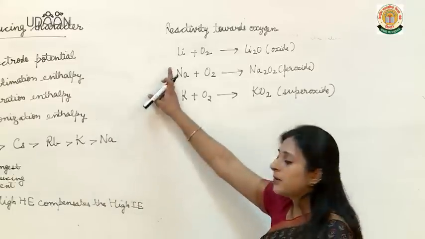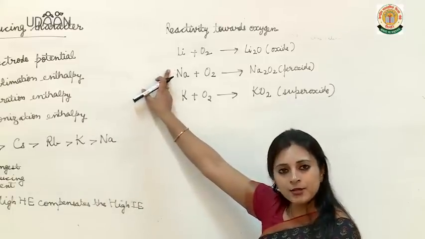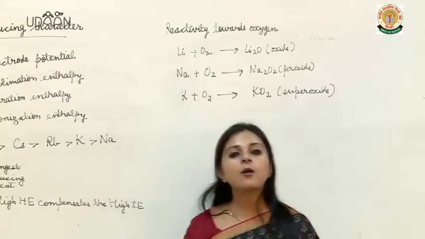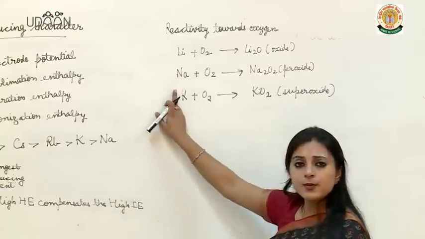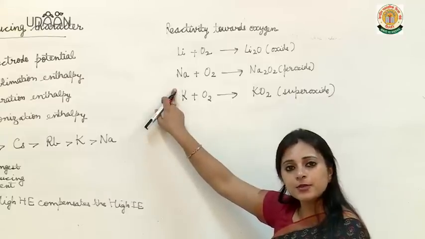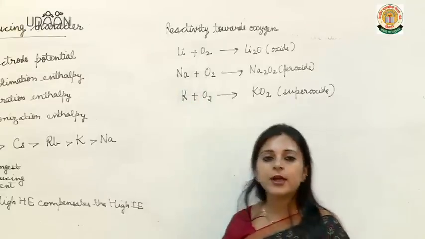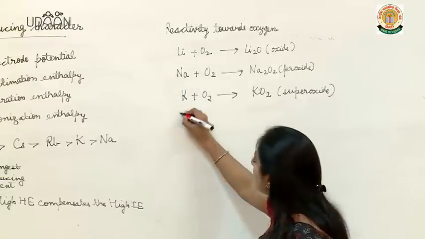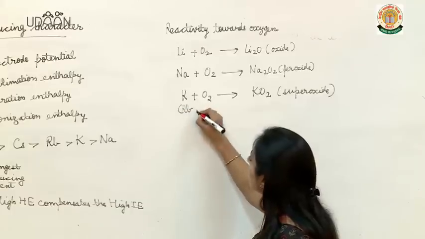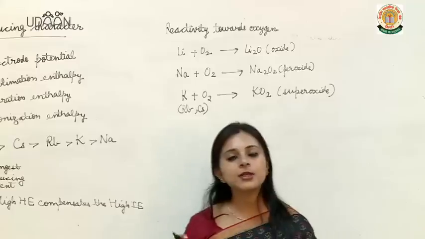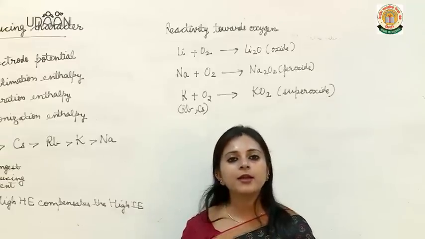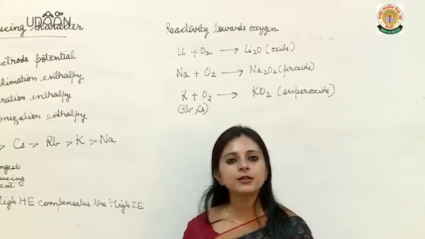Since lithium is very small, it can be stabilized by the small oxide ion, whereas sodium is bigger in size, it would be stabilized by the bigger peroxide ion, and potassium, rubidium and cesium, being the biggest in size, can be stabilized only by the large superoxide ion.